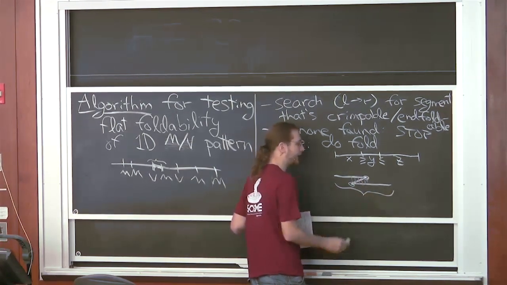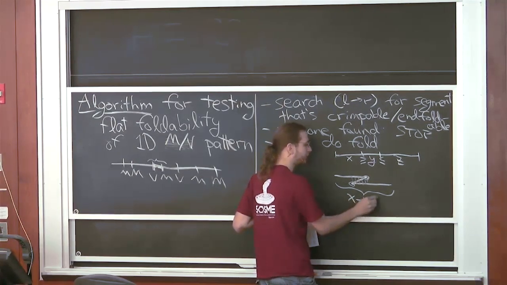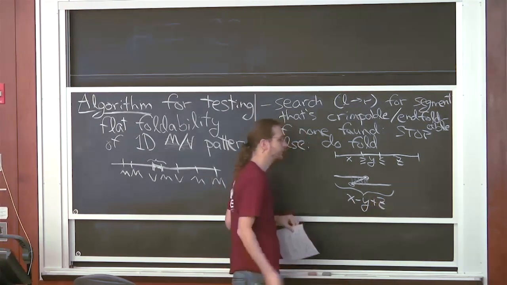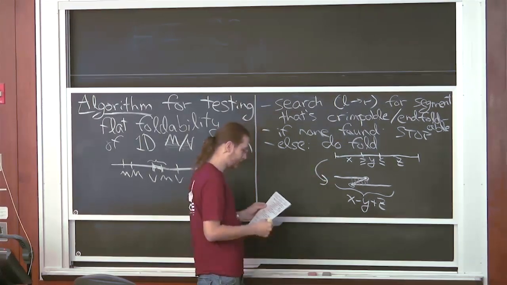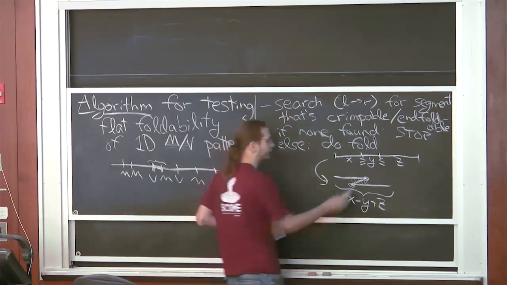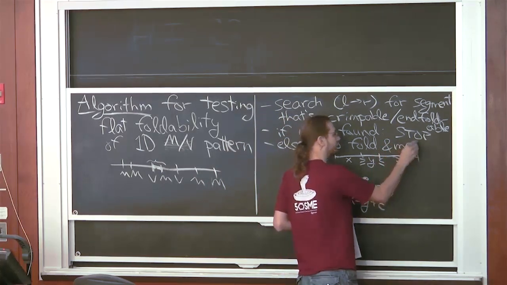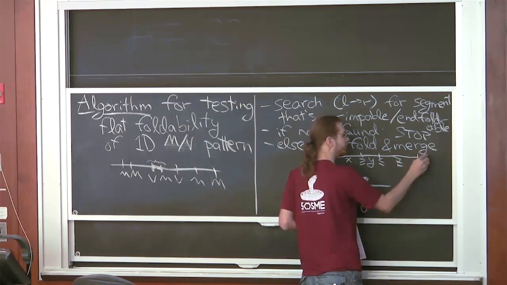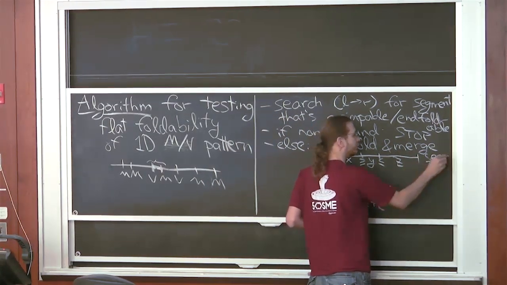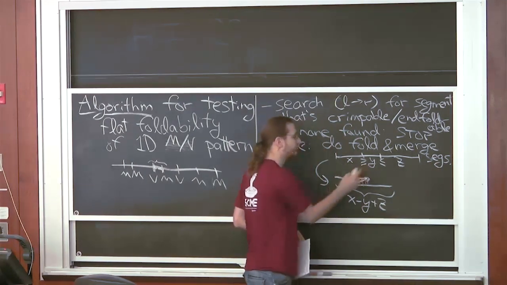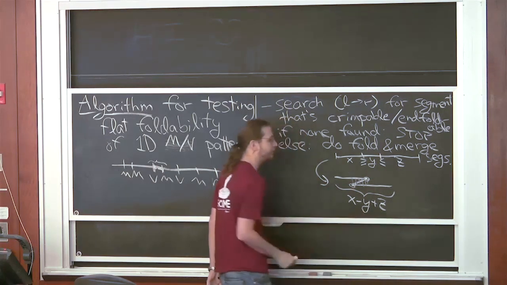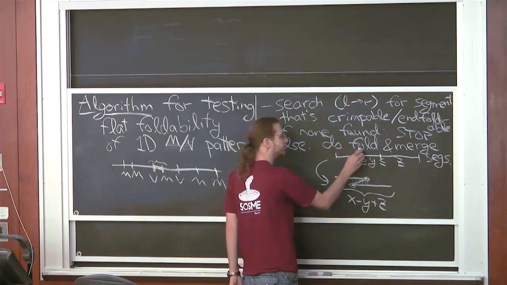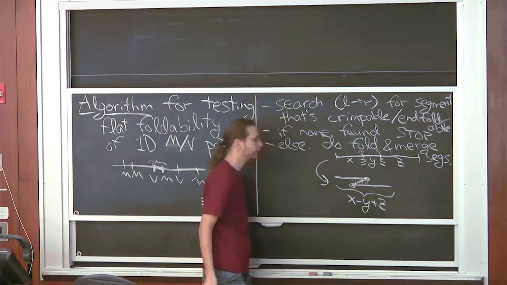The new length that we get is x minus y plus z. So that's what I mean by do the fold. We'll also call this merging the segments: normally we have a sequence of lengths, replace x, y, z with x minus y plus z, and remove these two creases, which were, say, m and v.